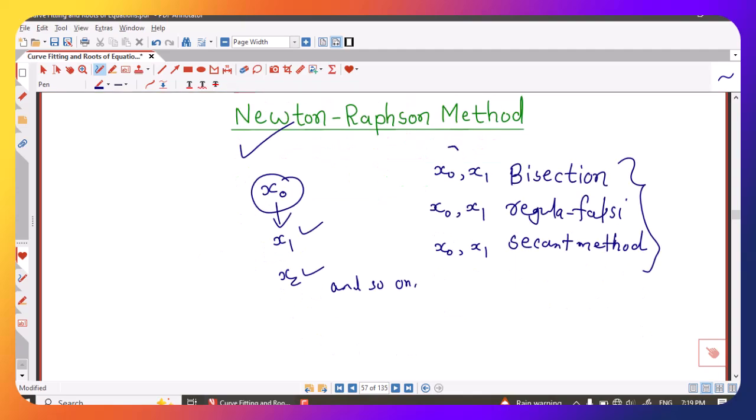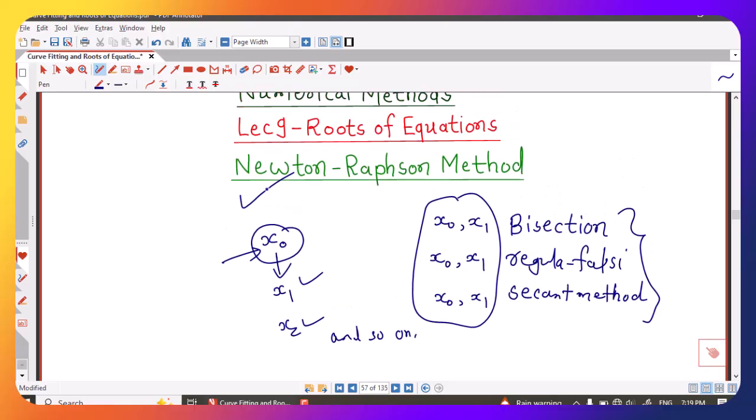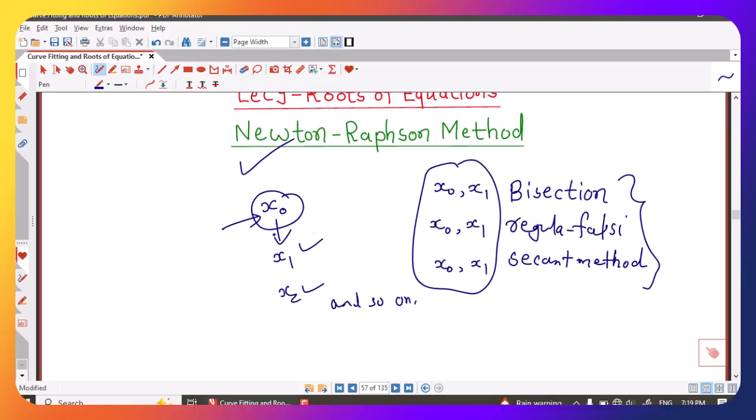In previously discussed methods we start with two initial approximations. In Newton-Raphson method we will start with a single initial approximation. Now in Newton-Raphson method we require one assumption.